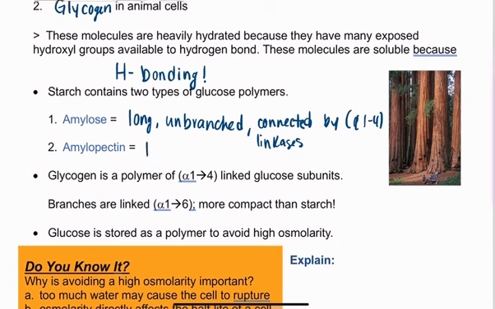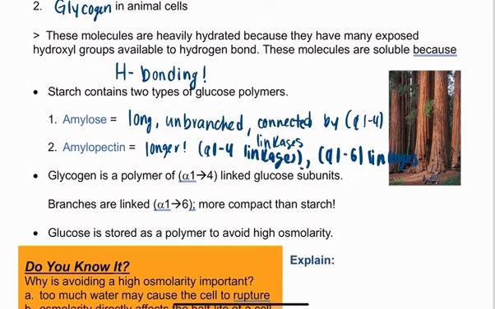Amylopectin, however, is even longer with alpha 1 to 4 linkages as well, but is more branched because of the alpha 1 to 6 linkages. Okay, and the alpha 1 to 4 linkages are just the glucose residues.